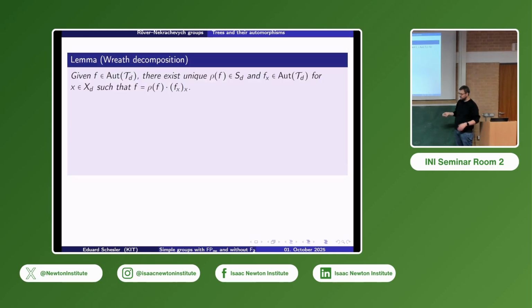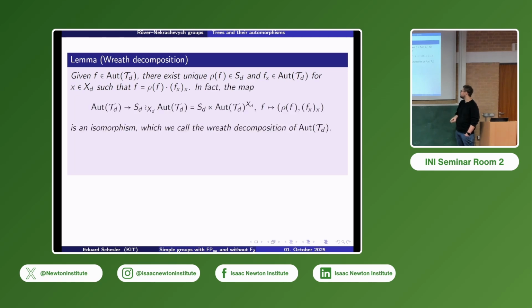So the point is now that with the rooted automorphisms and the direct sum automorphisms, we can decompose every tree automorphism f as a product of first applying the direct sum and afterwards applying the rooted automorphism associated to f. And in fact, not only is there this unique decomposition, the decomposition itself is an isomorphism from the tree automorphism group into the Rees product of the symmetric group and the automorphism group of the tree.